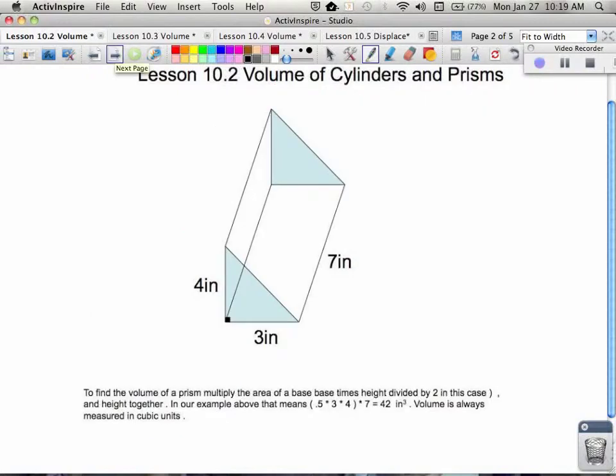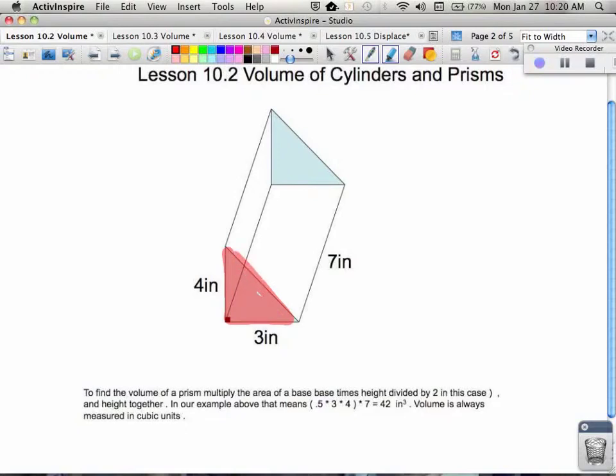In the second slide, the reason we talk about this idea of the area of the base times the height is because it continues for any kind of prism. This is not a rectangular prism in this example. It's a triangular prism because the bases are triangles. If you look at the area of the base again, here being my base, which is a triangle, I find the area of this triangle.